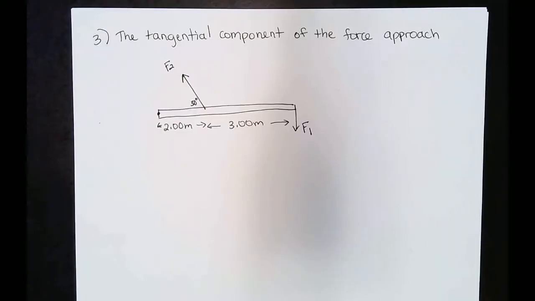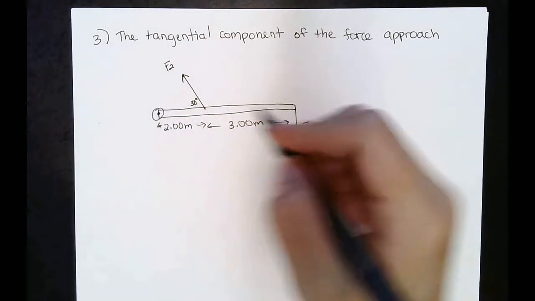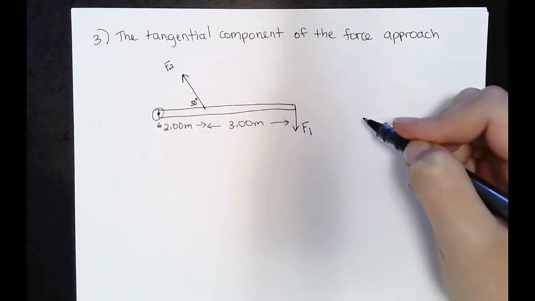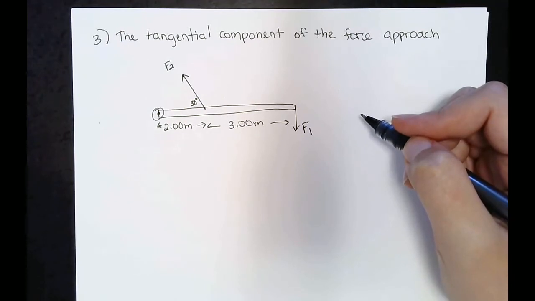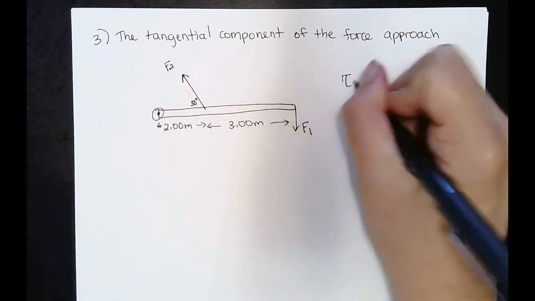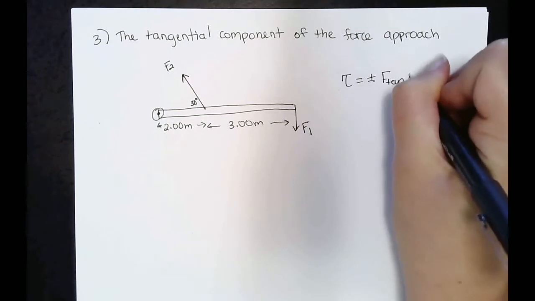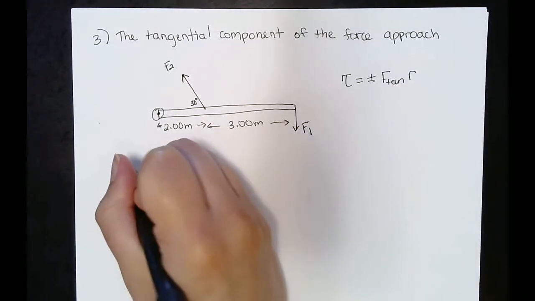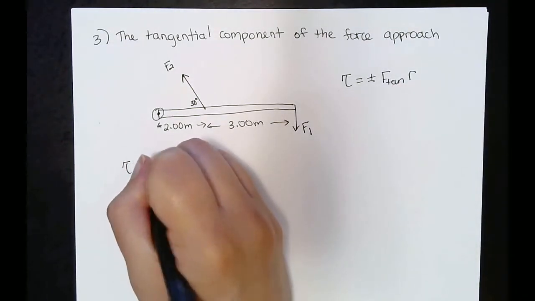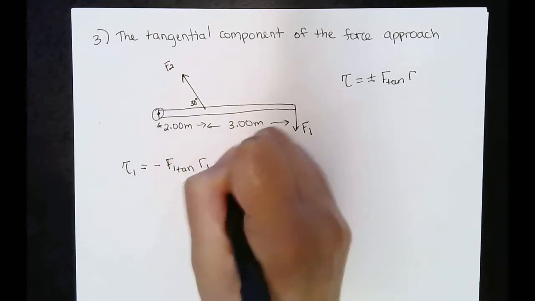Okay, lastly, we have the tangential component of the force approach. So again, using the same axis of rotation. If we look at F1, it is perpendicular. So again, nothing really changes for the three approaches with F1. This time we're using torque equals plus or minus F tangential times R. So for torque 1, this is going to be negative F1 tangential times R1.